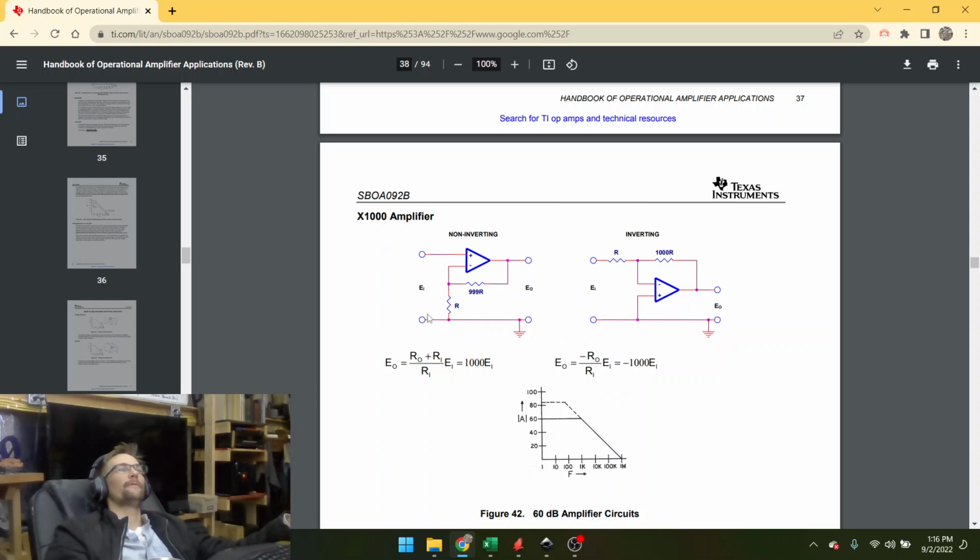But if this guy wiggles a little bit for whatever reason, then this guy is going to impede or block or resist that signal getting to that input.